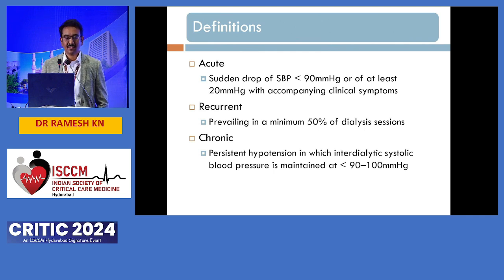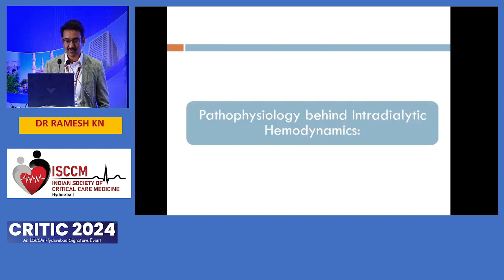We can classify it as acute, which is a sudden first onset, or recurrent, if it occurs in at least 50% of the dialysis sessions, or chronic, if it persists as low BP less than 90 millimeter of mercury many times.